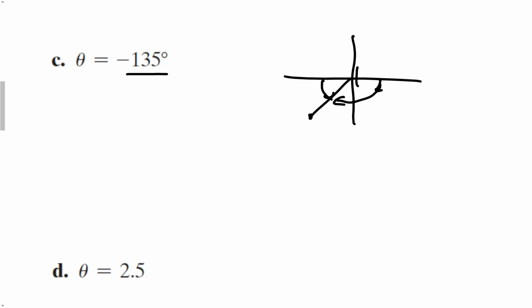I want my answer to be a positive angle, because I want to figure out the positive acute angle. So I ask myself, well, if this was negative 135 and this is negative 180, what is the distance right there? And so theta prime would be 45 degrees. Okay? Because 135 and another 45 would be 180.